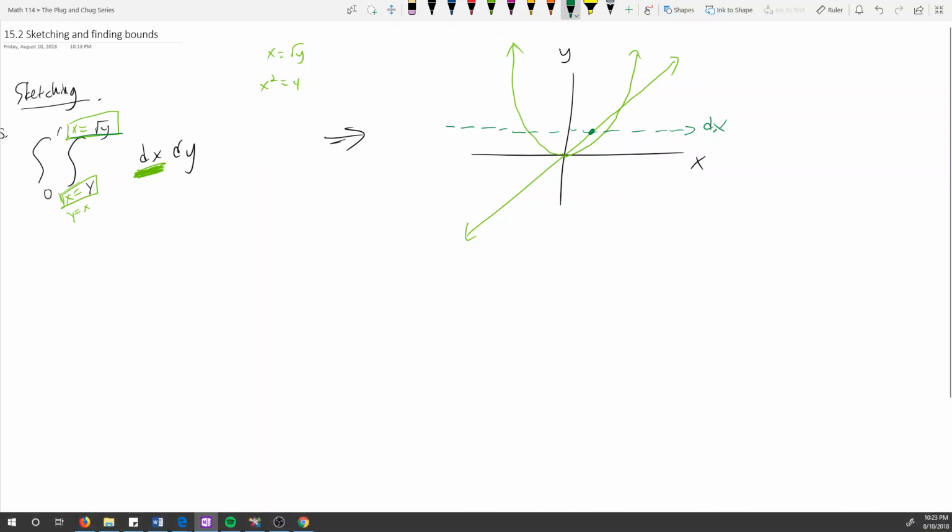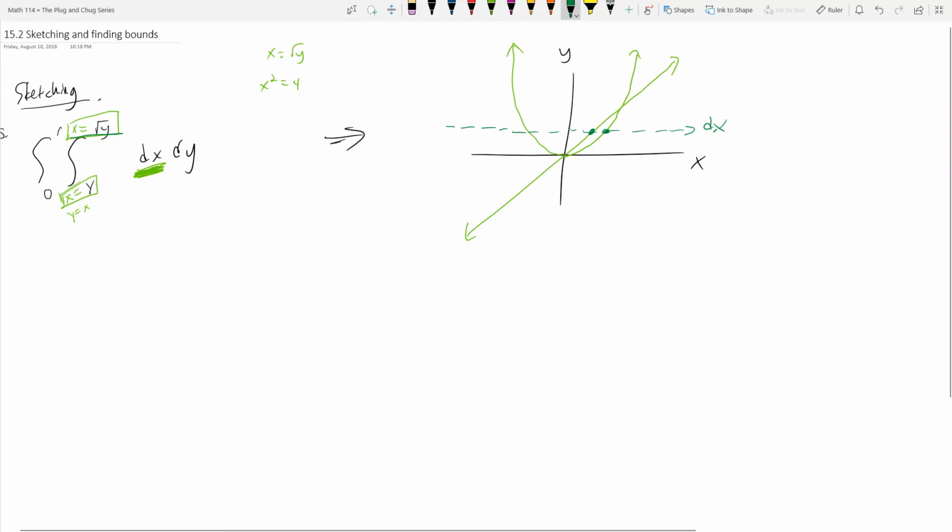That means I hit the parabola second. Does that make sense? That's why x equals y is on the bottom, and x equals root y is on the top: if I go from negative to positive along the direction that's parallel to x, that's going to be dx, then I'm going to hit y equals x first, and y equals x squared, or x equals root y, second.